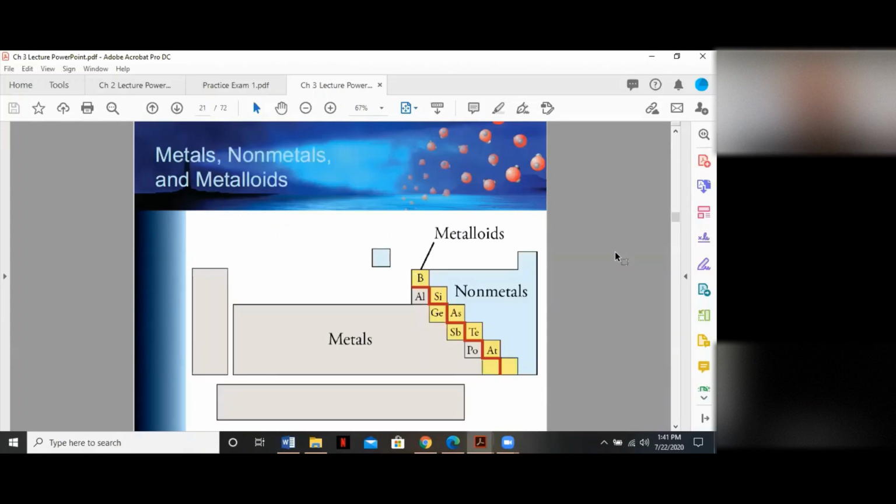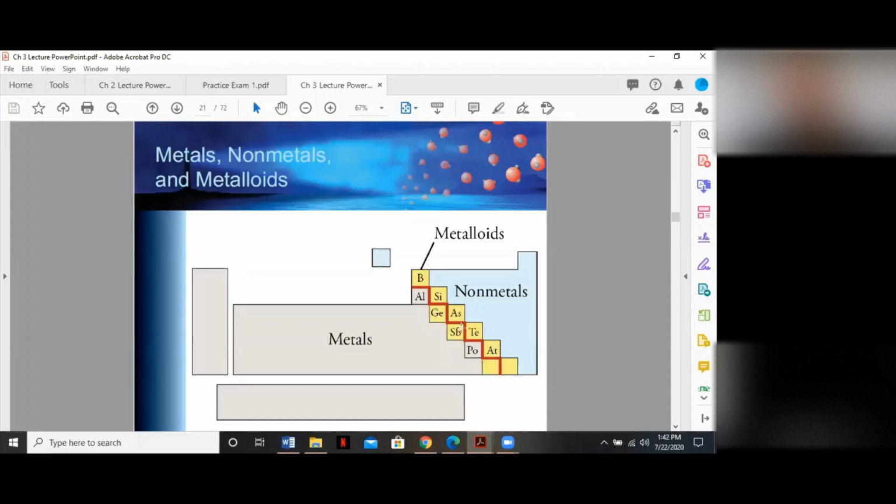Another classification that's important to know, that you have metals and non-metals. The metals usually are to the left-hand side of the periodic table, and the non-metals are to the right-hand side of the periodic table. And these two groups are usually separated by what we call metalloids. Metalloids, going from boron all the way to astatine. So you have boron, silicon, germanium, arsenic, antimony, tellurium, and astatine.